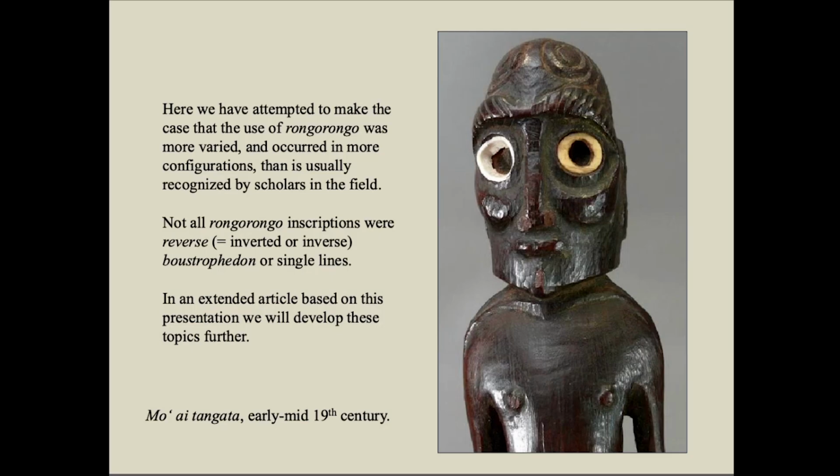Some of those may help hold the key to fully understanding this phenomenon. And of course, like our previous presentation, there is a lot more I could say, and we'll extend that in written form. Next slide.